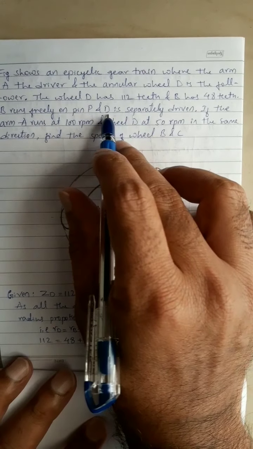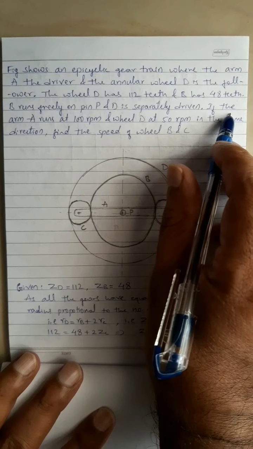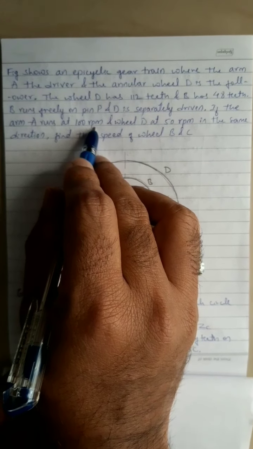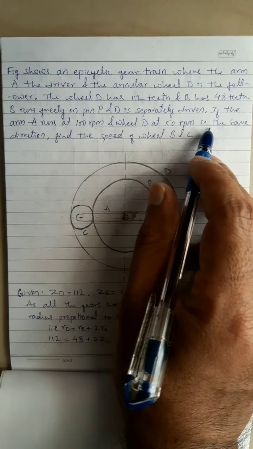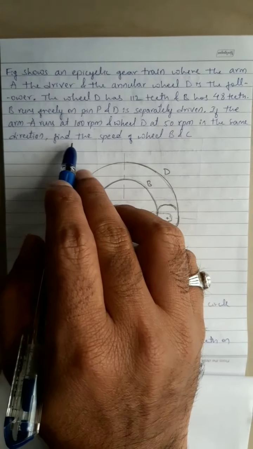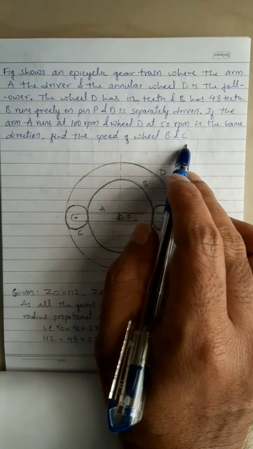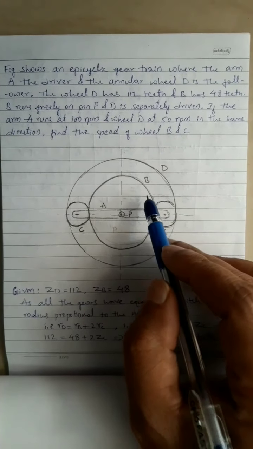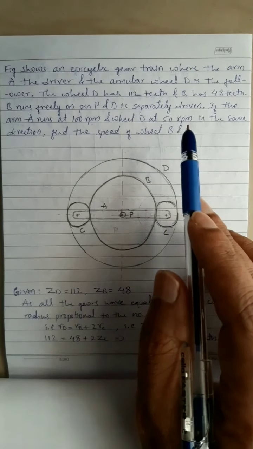That is what is given here. D is separately driven, and if the arm A runs at 100 rpm and wheel D at 50 rpm in the same direction, find the speed of wheel B and C. So this is the given question. We have to find the speed of wheel B and C with the given data.